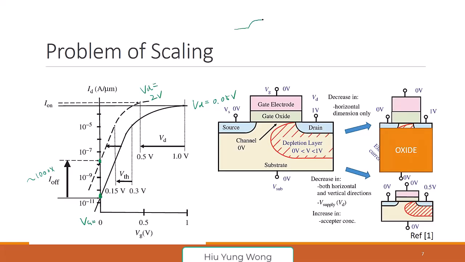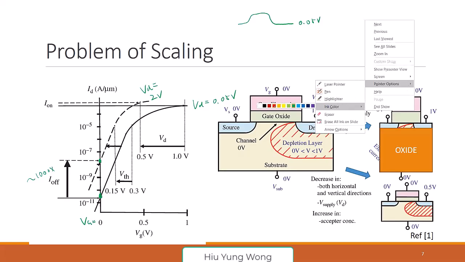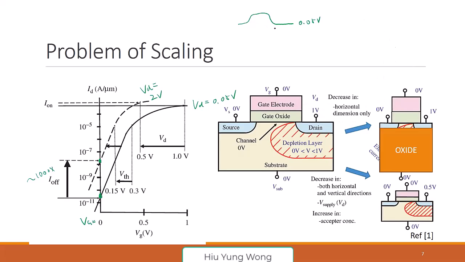Okay, thank you. So originally you have this, 0.05 volt. And then you pull it down, right? You just think of it as a string. 1 volt. The electron sees a smaller barrier, correct?